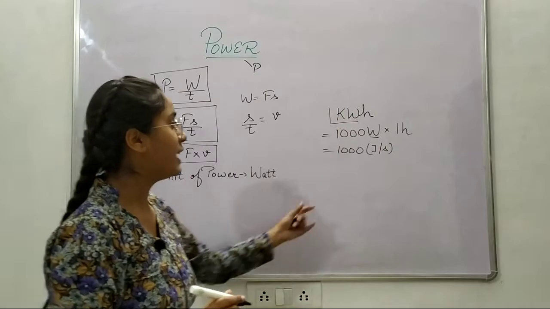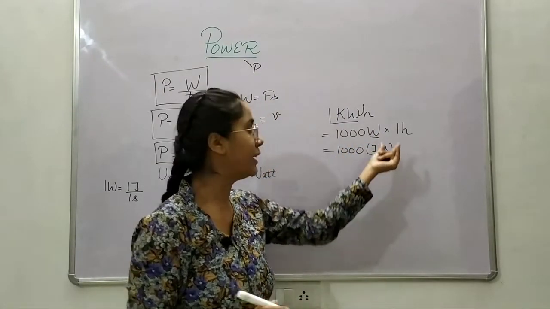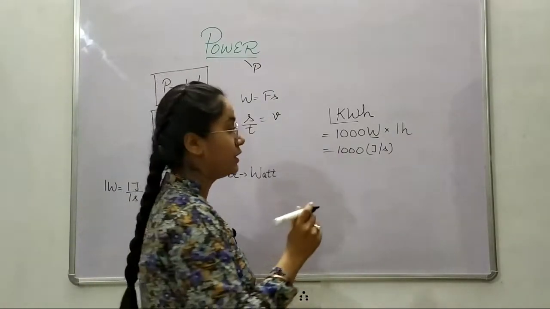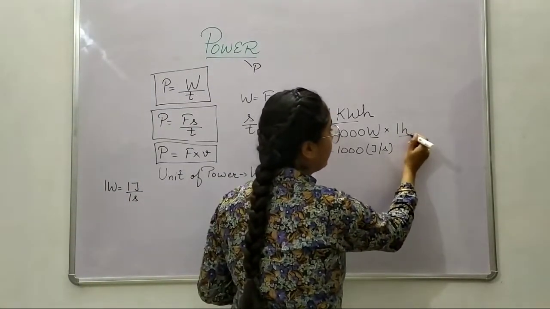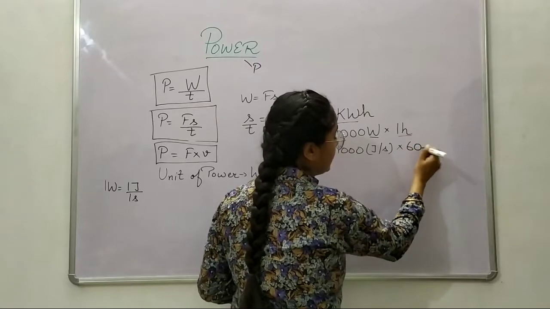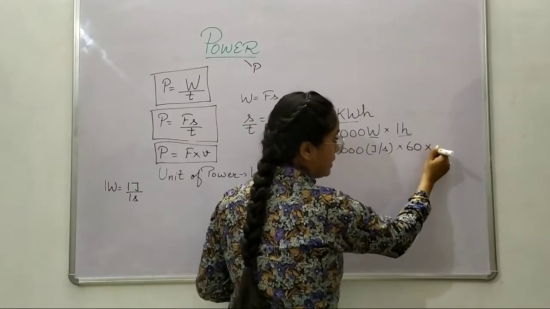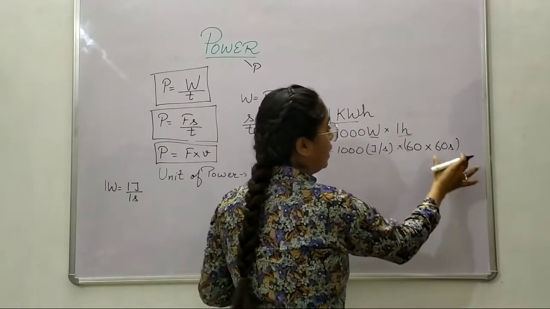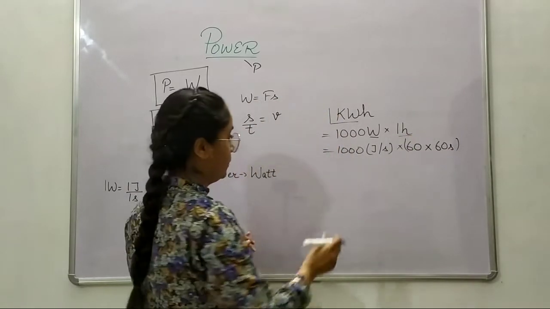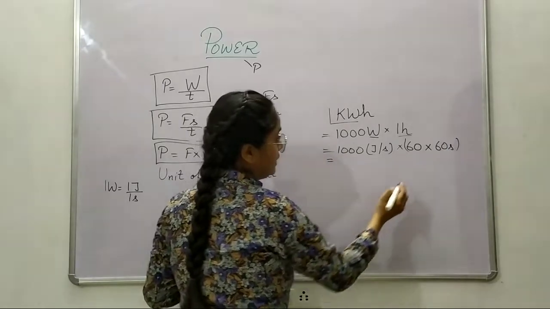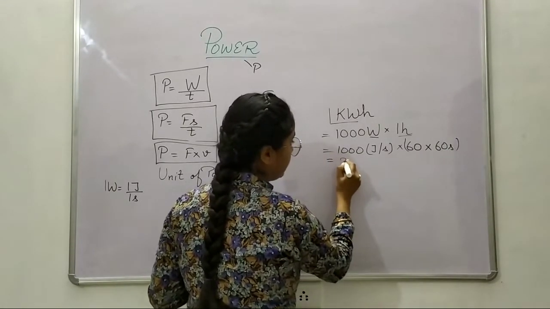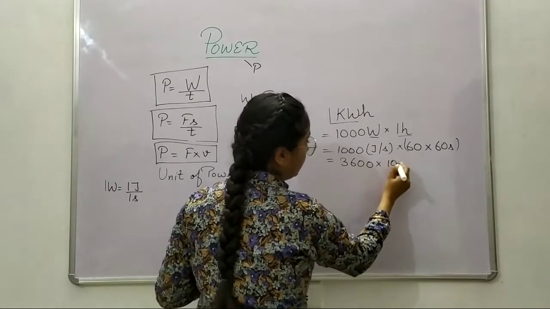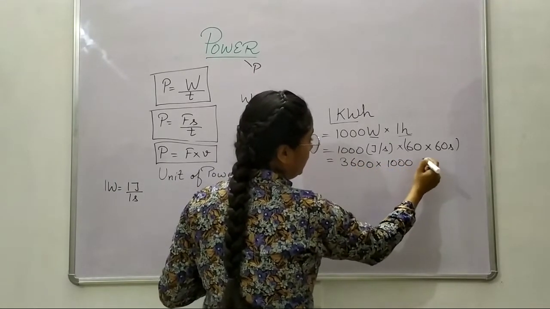Now I have this term in hours, so I can convert it into seconds. Since 1 hour has 60 minutes and 1 minute has 60 seconds, this is 1 hour in seconds. Now I'm going to calculate it: 6 times 6, 3600 into 1000 joule.